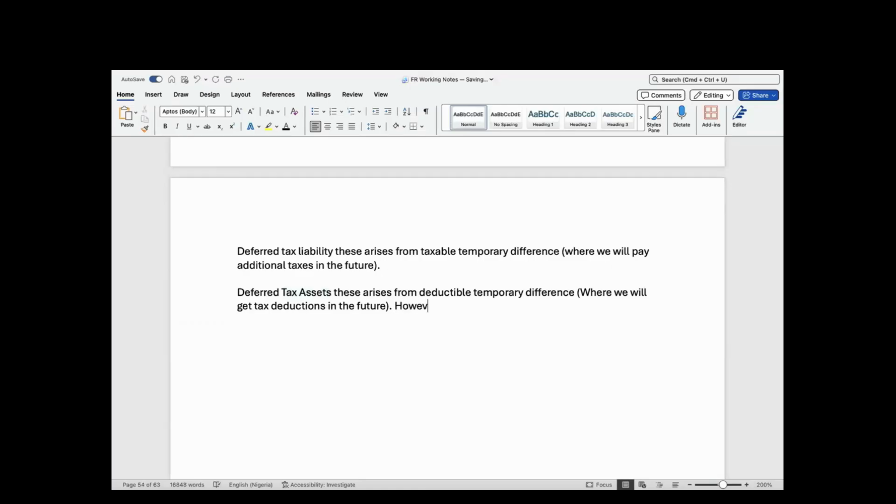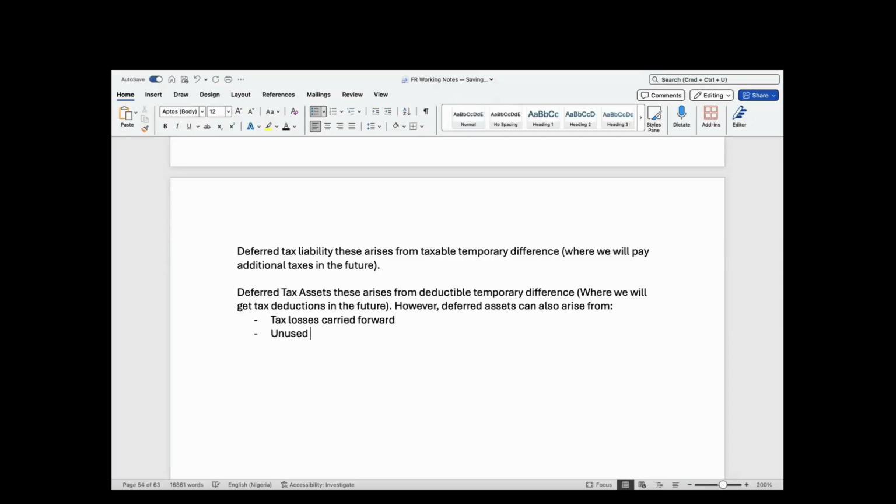However, deferred tax assets can also arise from tax losses carried forward, because when you have tax losses that you are carrying forward, it will make you have tax deduction in the future.